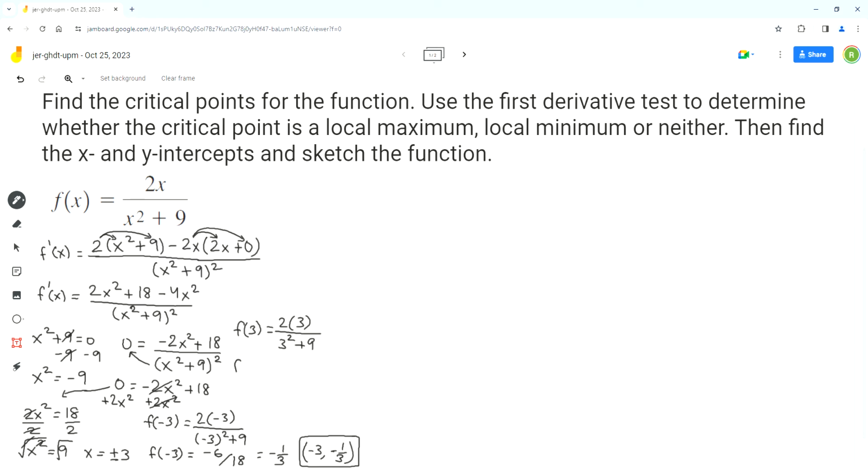So f at 3, 2 times 3 is 6 over 9 plus 9. So f at 3 is equal to 6 over 18, which can be reduced to 1 over 3. So the second critical point is (3, 1/3).